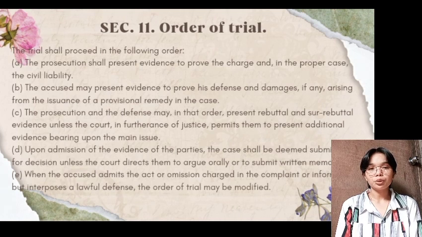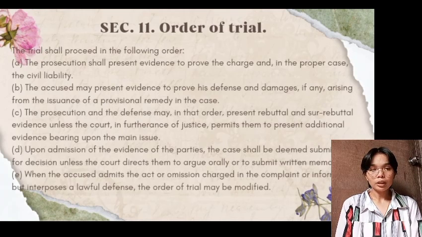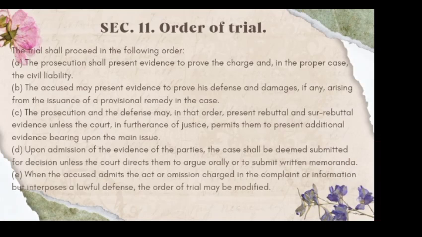Initially, both the prosecution and defense have the opportunity to present their respective evidence in support of their positions. Following this, rebuttal evidence, which directly responds to the evidence presented by the opposing party, may be introduced. Subsequently, surrebuttal evidence, which addresses new points raised in the rebuttal phase, may also be presented.